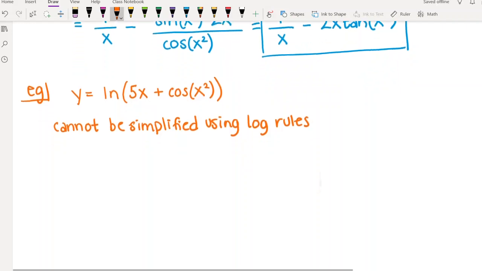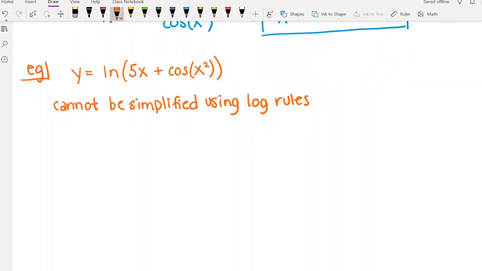So instead, we need to just go straight to the chain rule. Like we saw in the other examples, the outer function is ln, and so the first part of the derivative is just going to be 1 over whatever the original inside function was. And then we want to multiply by the derivative of that inside function.